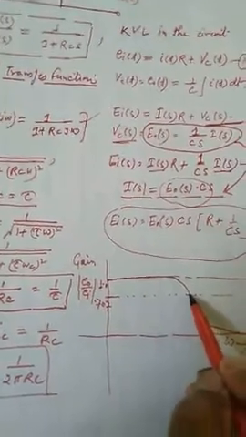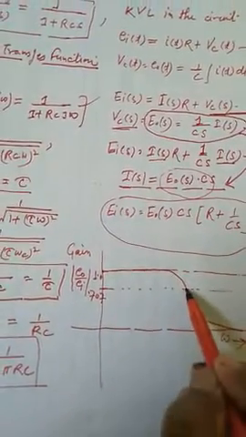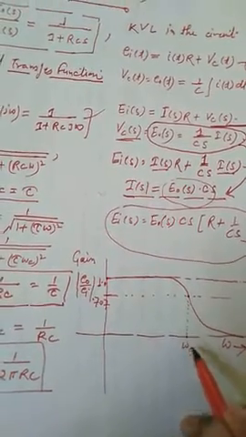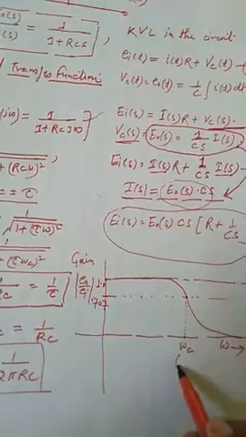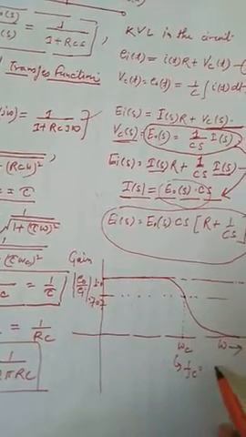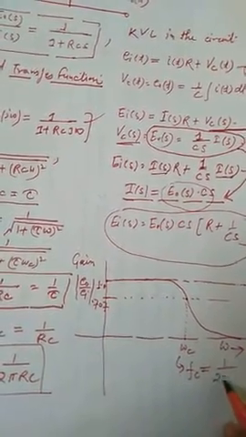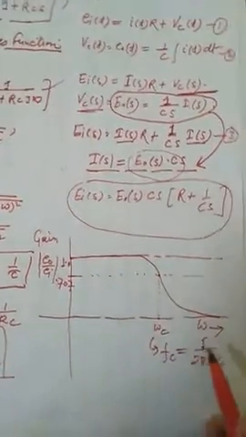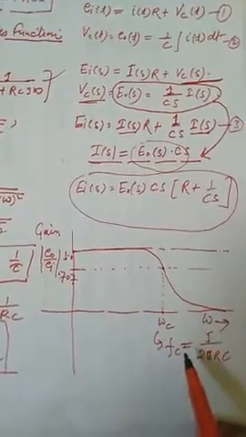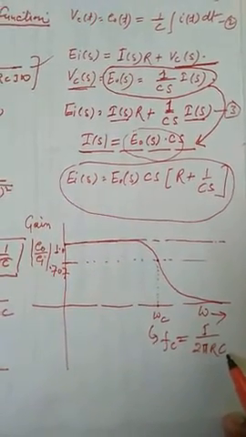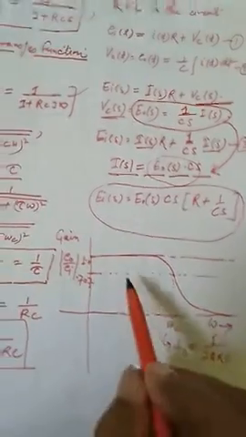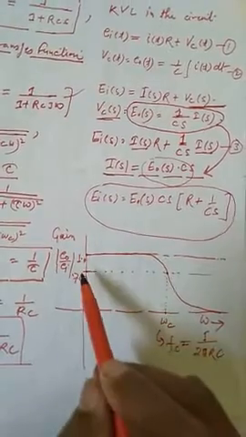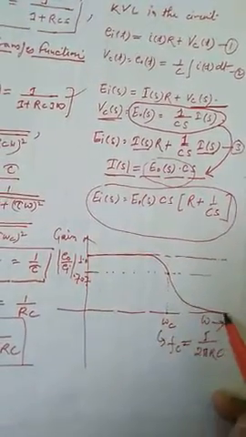Here the gain drops below 0.707, so this frequency is the cutoff frequency, and it is related as 1 over 2 pi. On the basis of the resistor and capacitor values, we can determine the cutoff frequency of a low pass filter. The values of the resistor and the capacitor will indicate the cutoff frequency. So this is the practical relationship between the cutoff frequency and the gain in the frequency response analysis curve.